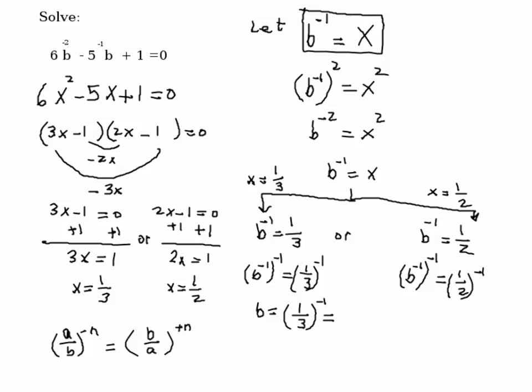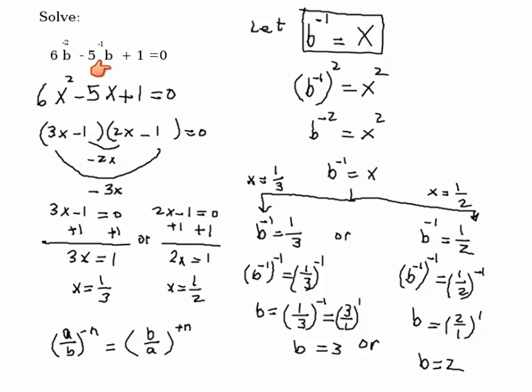B over a, very good. Same thing here. So this would be 3 over 1 to the power of 1. So just 3, right? Or in this case, this would be 2 over 1 to the power of 1. So b is equal to 2, b is equal to 3. So these are our solutions.